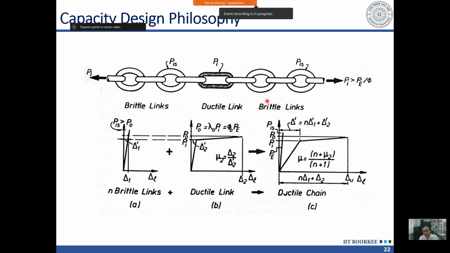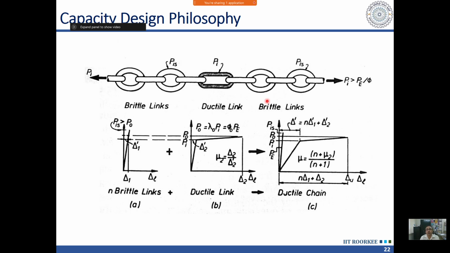So in a bridge there are a number of components. Some of the components we can make ductile. Those are the components where failure is desirable, or I desire that if the failure occurs, it should occur in those elements. There are some other elements where we don't want failure, those are undesirable elements from the point of view of failure.